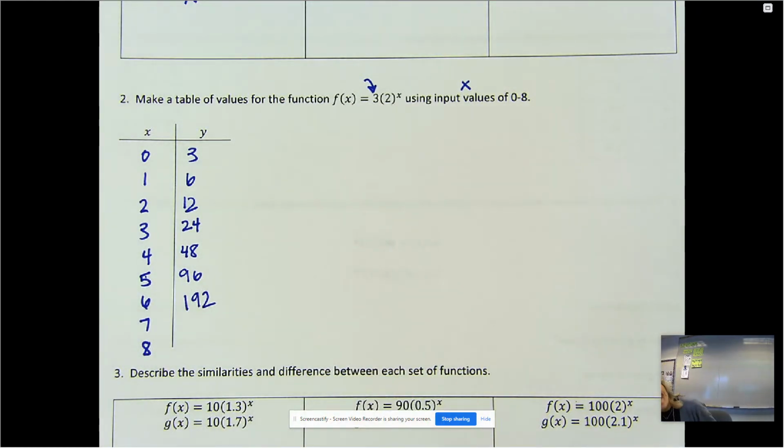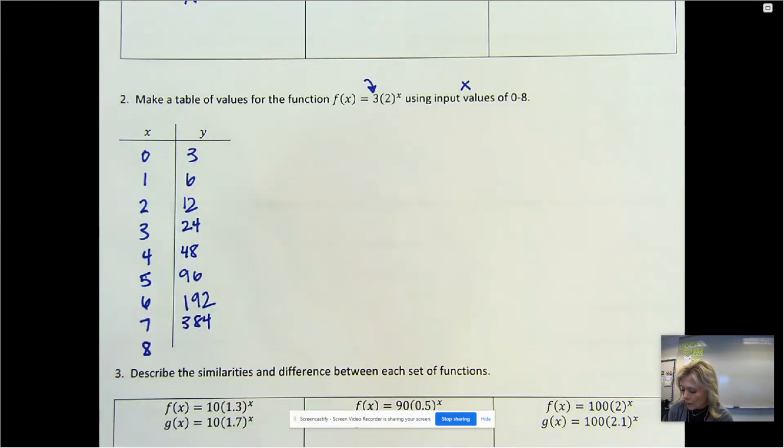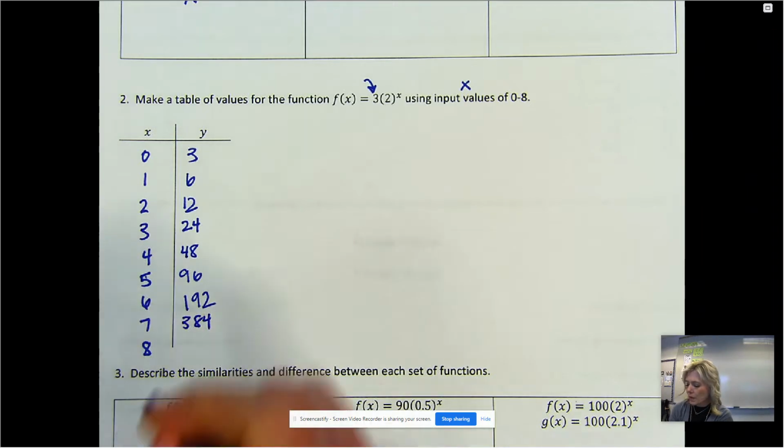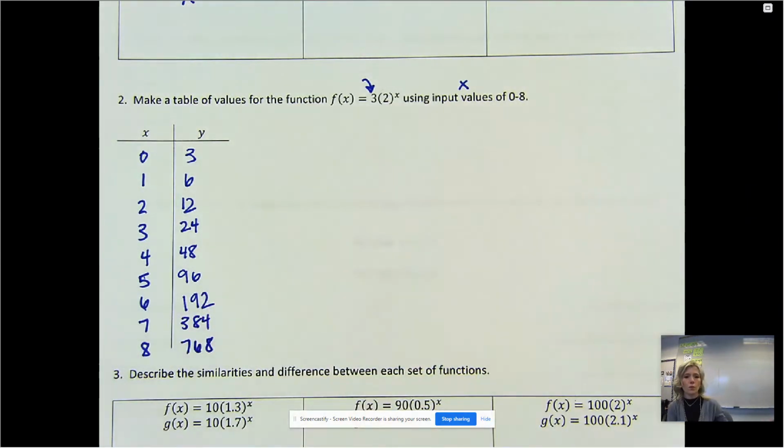And then 192 times 2, I'm just going to check my work real quick here because I'm starting to doubt myself. So let's see here. Okay, so 384. And then 384 times 2 is 768.